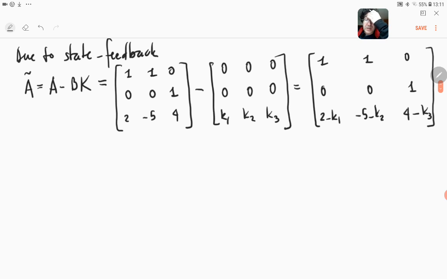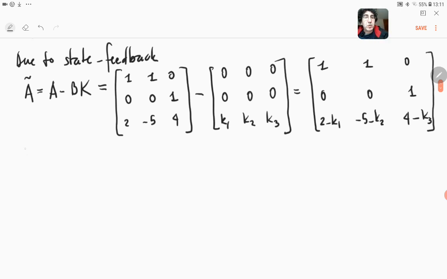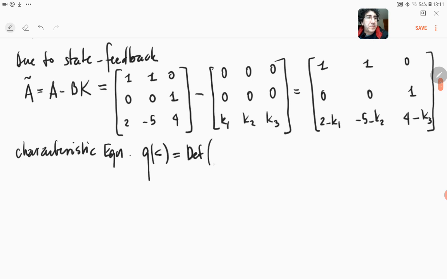Now, what's going to be the characteristic equation? It comes from the determinant of sI minus A tilde, so Q of s will be equal to the determinant of sI minus A tilde.